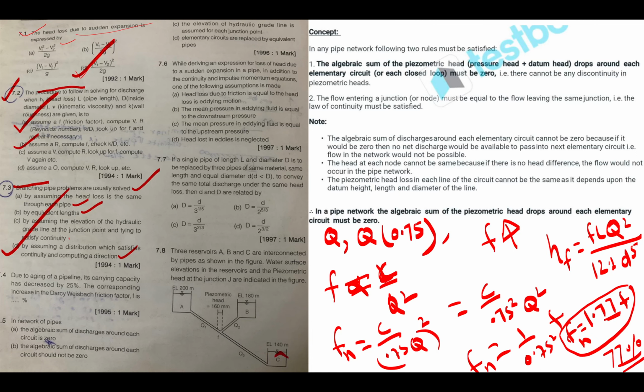Just imagine: your discharge carrying capacity is reduced by only 25%, but your friction factor increases by 77%.